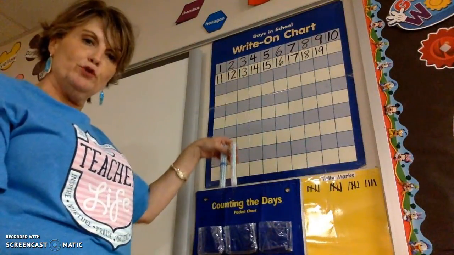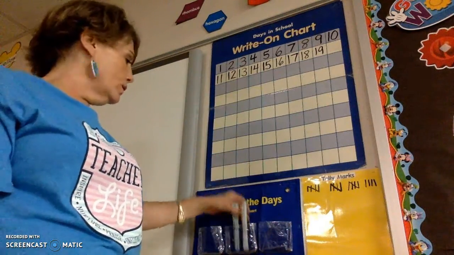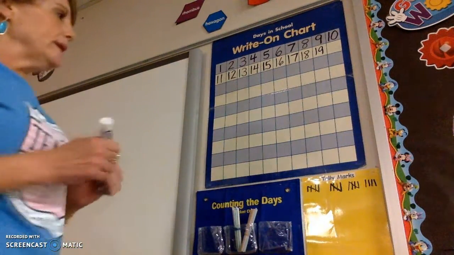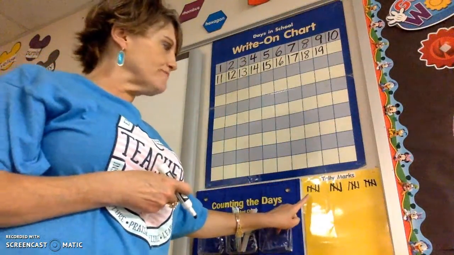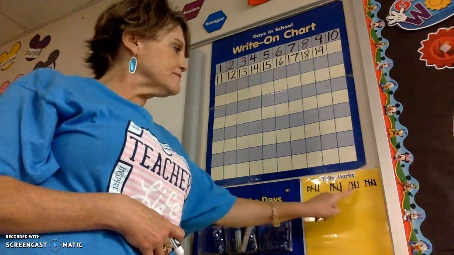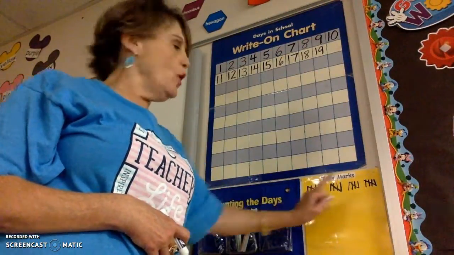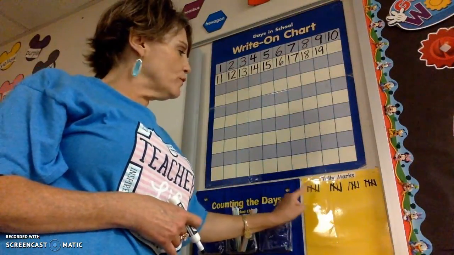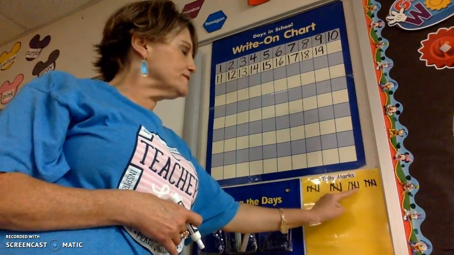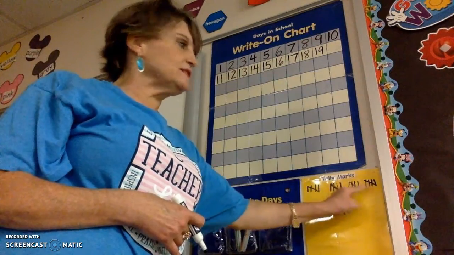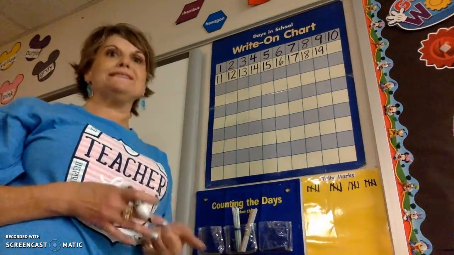We have 2 groups of 10. Okay, so we need to add a tally. Let's count by fives. 5, 10, 15, 20, or 1, 2, 3, 4, 5, 6, 7, 8, 9, 10, 11, 12, 13, 14, 15, 16, 17, 18, 19, 20. We've been in school 20 days.